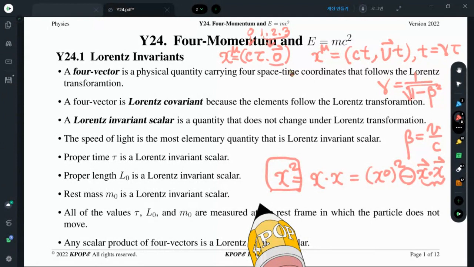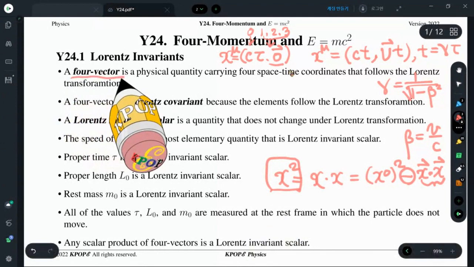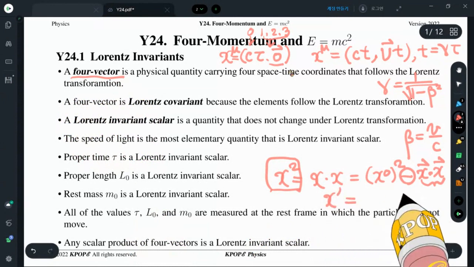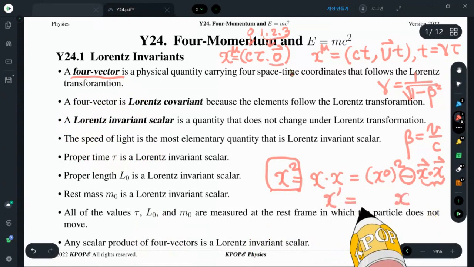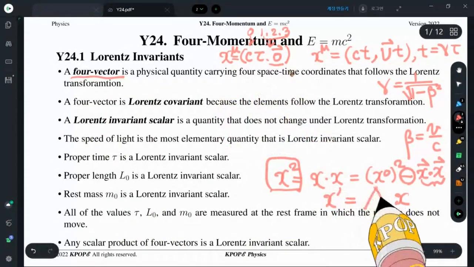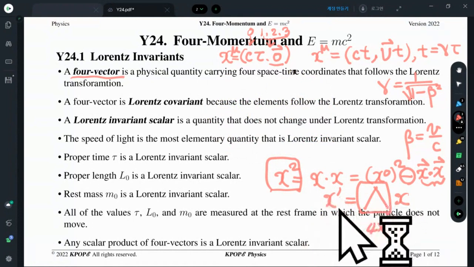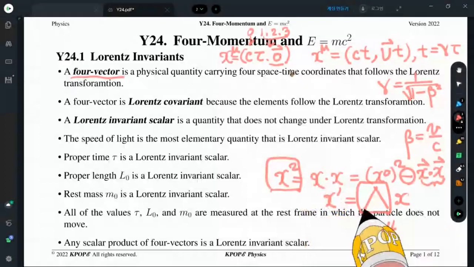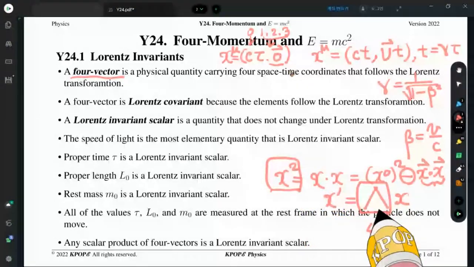We are looking for any four vector that follows the same transformation rule as the space-time coordinate for displacement. So we have a matrix Λ that is a 4x4 matrix, and we make use of this relation for anyone that satisfies the same transformation rule, called Lorentz transformation.